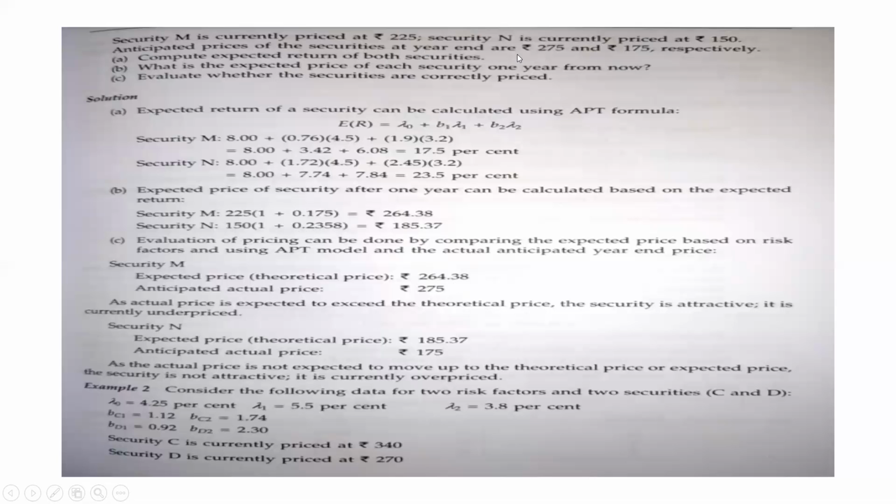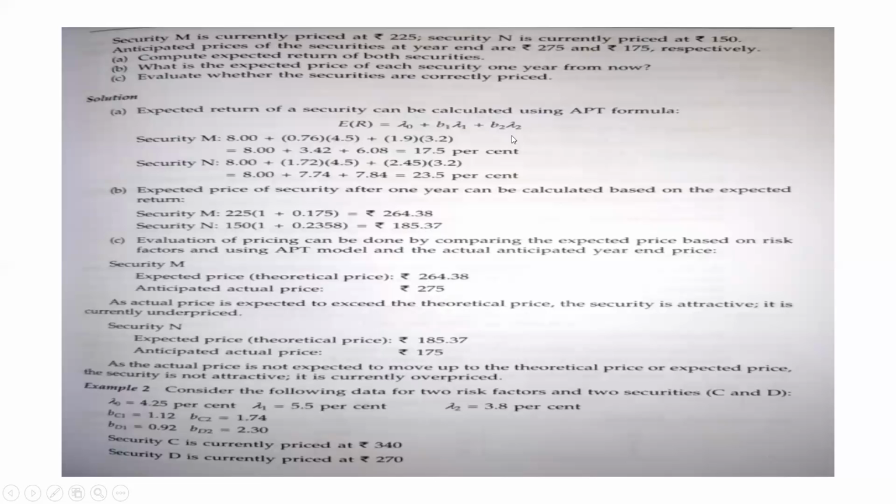The price of the security at the year end is anticipated to increase to 275. But according to the arbitrage method, what we have calculated is 264. That means that particular security is underpriced, and we should buy more of those securities because after a certain period of time, the price is going to increase up to 275.